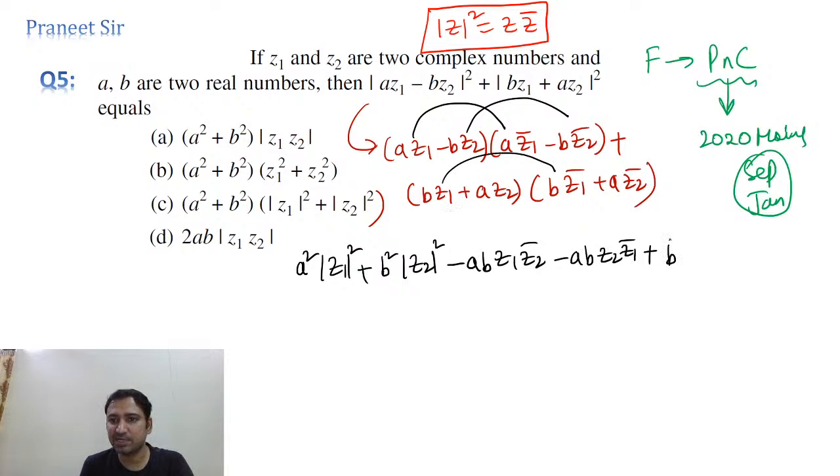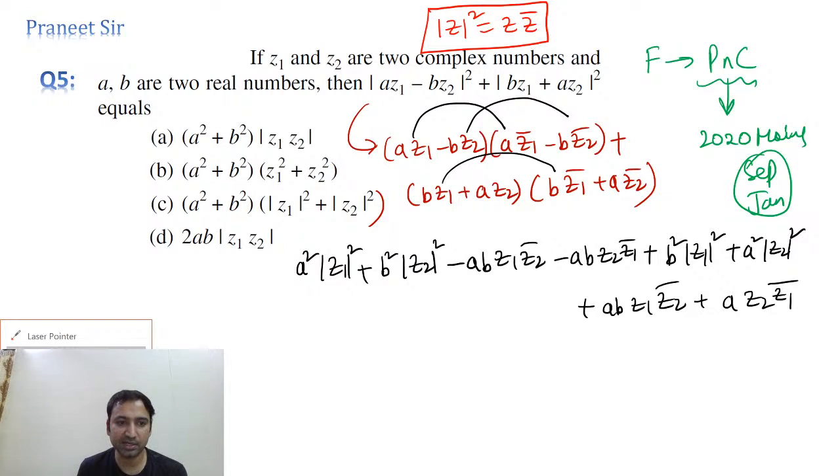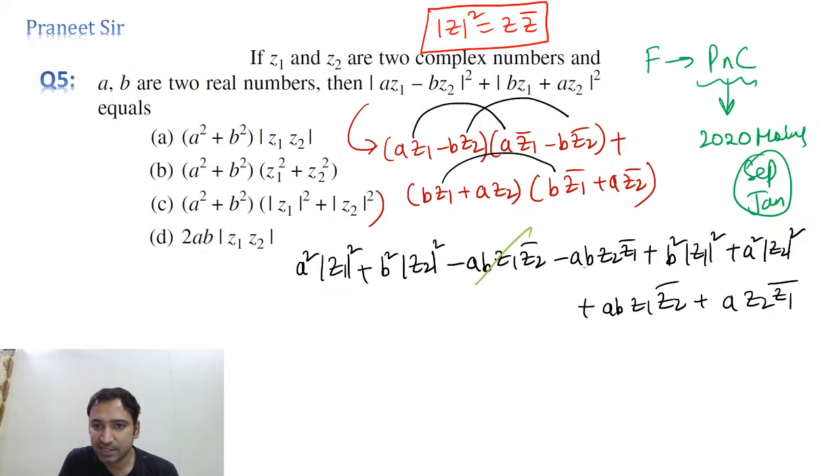If you calculate, b square into mod z1 square plus a square into mod z2 square plus ab into z1 z2 bar plus ab into z2 z1 bar. These are what we're getting. But in this we can cancel a few terms. What terms are getting cancelled, guys? These negative terms and positive terms are getting cancelled.